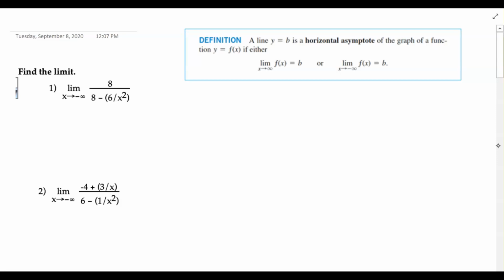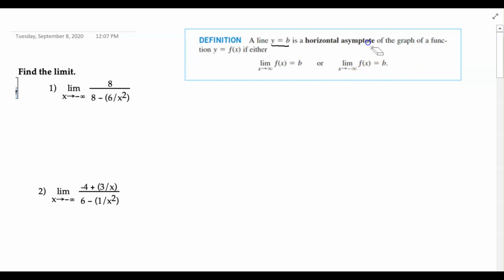By definition, a horizontal asymptote is defined by a limit approaching infinity. This one says a line y equals b is a horizontal asymptote of the graph of a function y equals f of x if either the limit as x goes to infinity of f of x equals some number b, or the limit as x goes to negative infinity of f of x equals some number b.